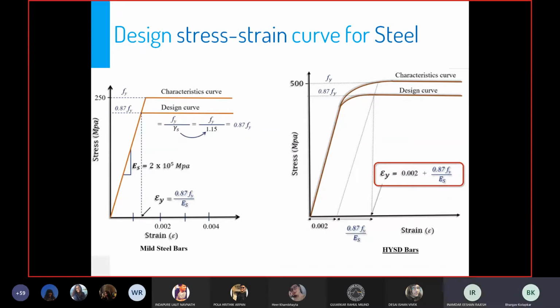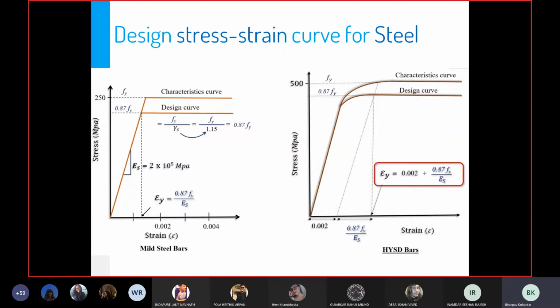So the offset that we take is just equivalent to 0.002 strain that occurs in the member, right? Yes. And this 0.002 is a strain value at which the member will not undergo any significant structural damage. So the higher the value we target, the higher the structural damage.